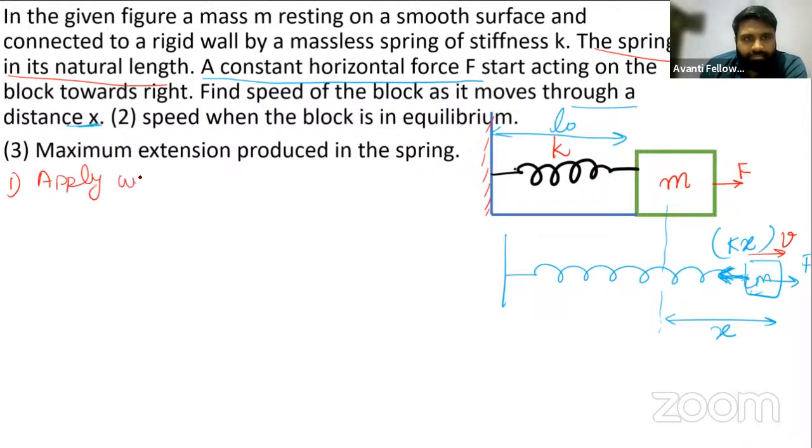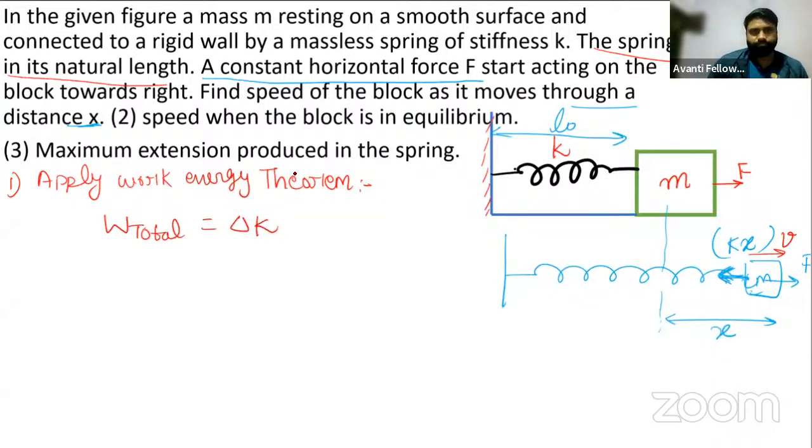Apply work energy theorem. Okay. The work energy theorem says that net work done total is equal to change in kinetic energy, delta K.